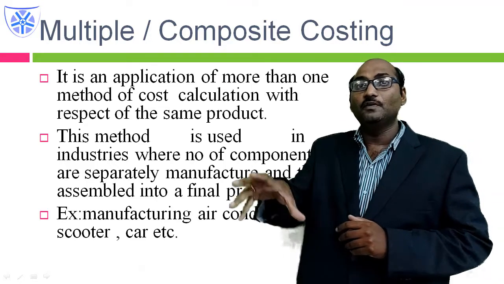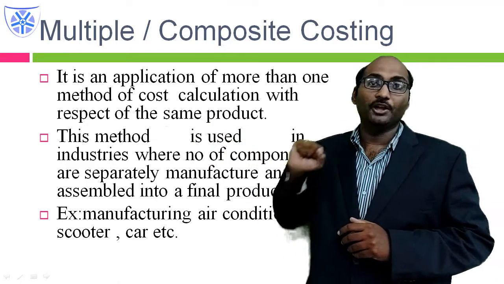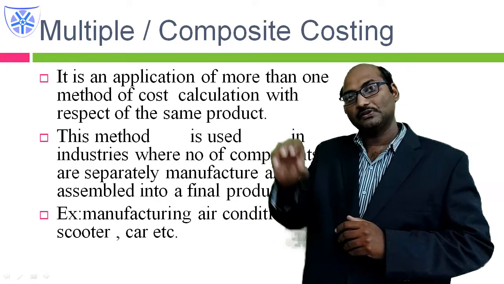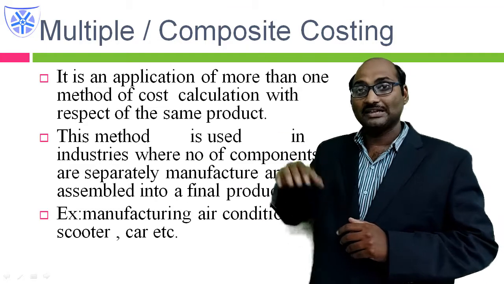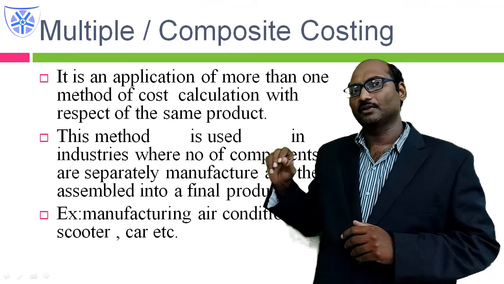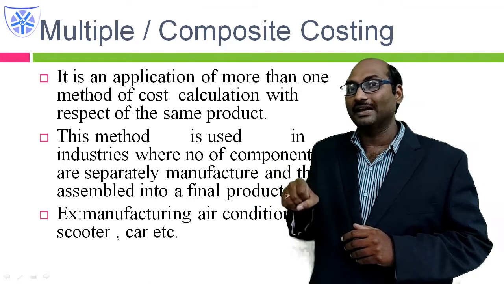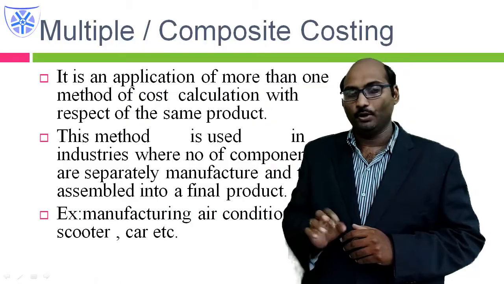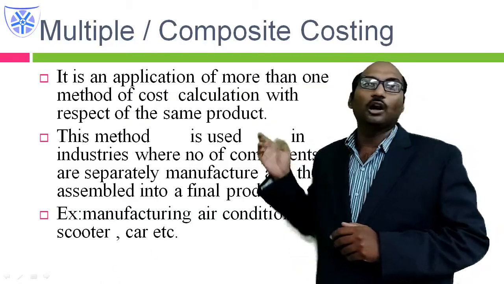Maybe the engine will be purchased from some company, the painting you may do, you need to purchase tires from someone, chassis from someone, or maybe all the different parts from different manufacturers. And maybe you need to complete the assembly and fabricate some of the components on your own. Then it will be a composite cost.